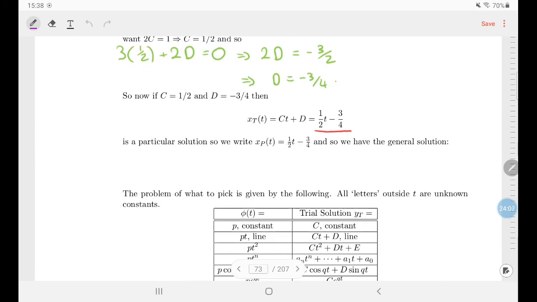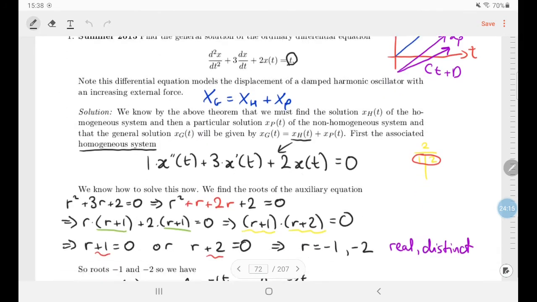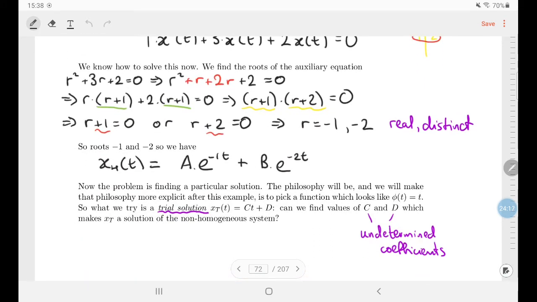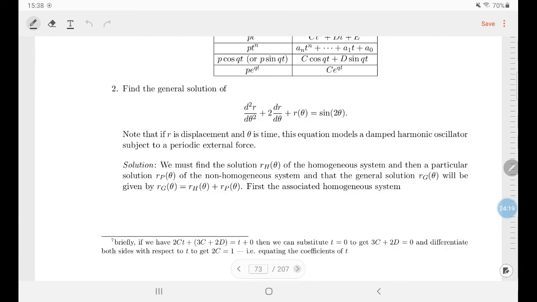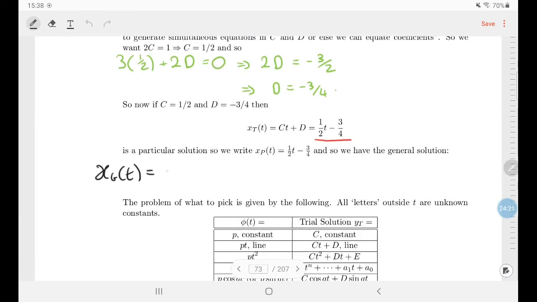Then the theory says, if you want to get all the solutions, you add together the homogeneous, which is on the previous page, down the bottom, defined with -1 and -2, plus the particular, which is this half t minus 3/4.